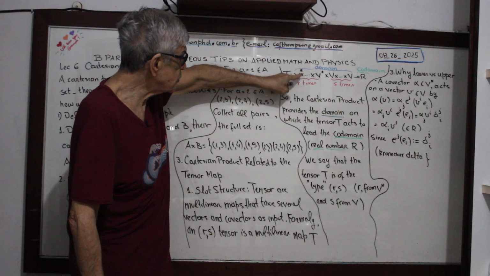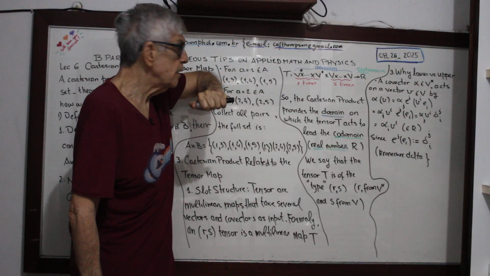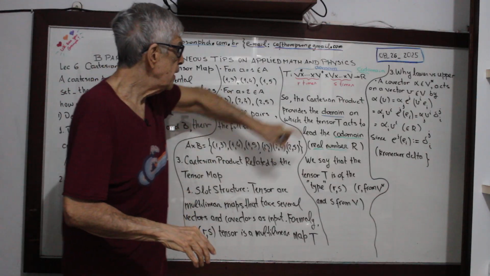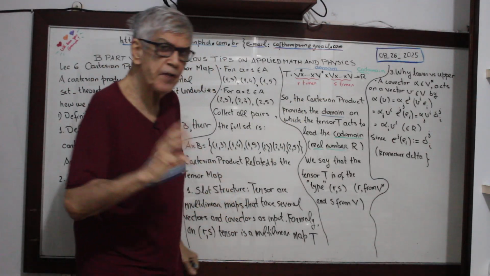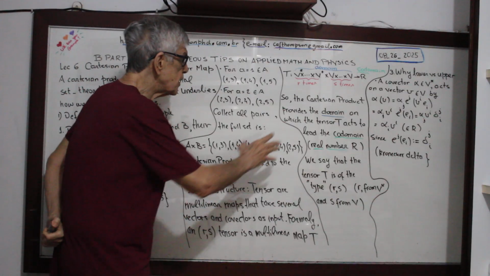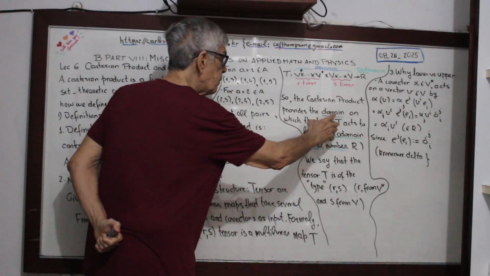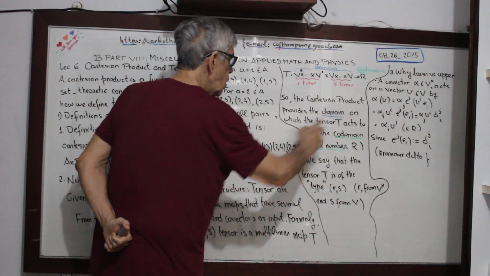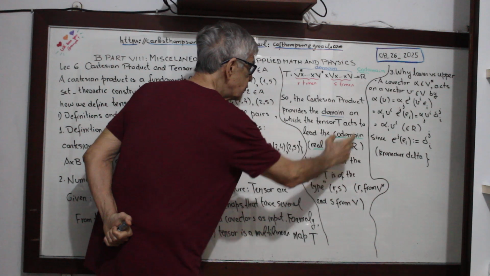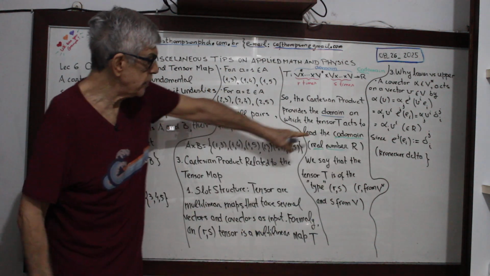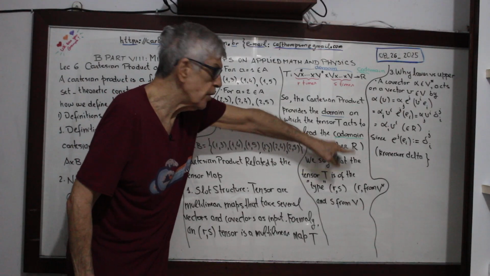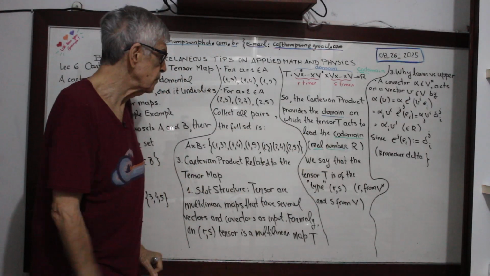You see, these V stars, they belong to the dual space, and V belongs to the vector space, you see. So the Cartesian product provides the domain, the blue one, on which the tensor T acts to lead to the codomain, which is the green one. Now, codomain is a real number R, by definition, okay?